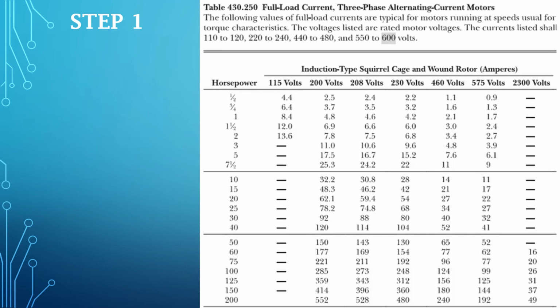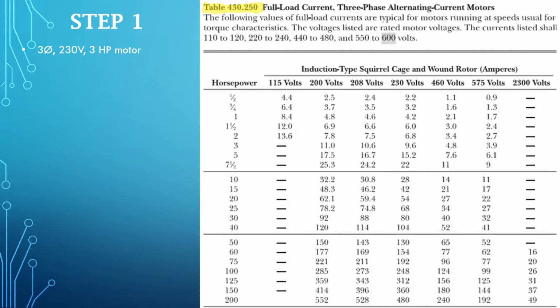So just to work a few examples here, the first step is finding out what kind of motor we have. We have a 3-phase motor, so I'm going to be looking at table 430.250. That is our 3-phase alternating current table.